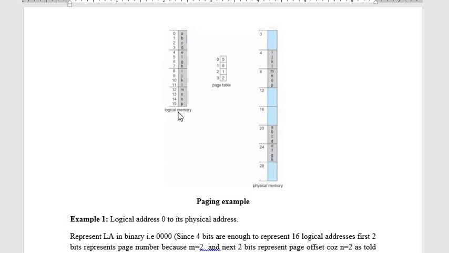Here the CPU has generated 16 logical addresses. Those 16 logical addresses have been divided into 4 pages, and each page holds 4 addresses. So this is all from the given problem.